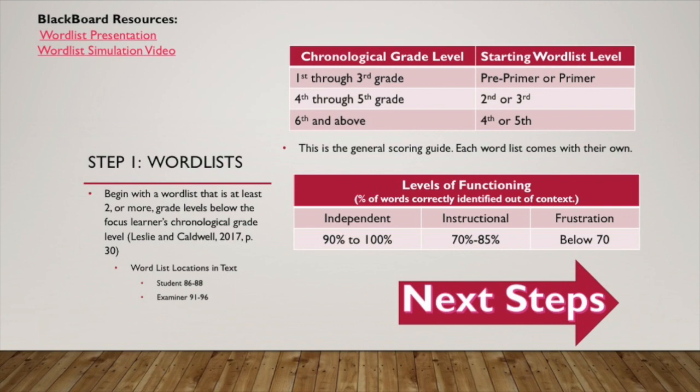You also did a word list simulation during the course, and you can refer back to those presentations and videos to help you administer the word list. Now, ideally, you want to identify the student's instructional level when administering the word list. This would be between 70 and 85%.